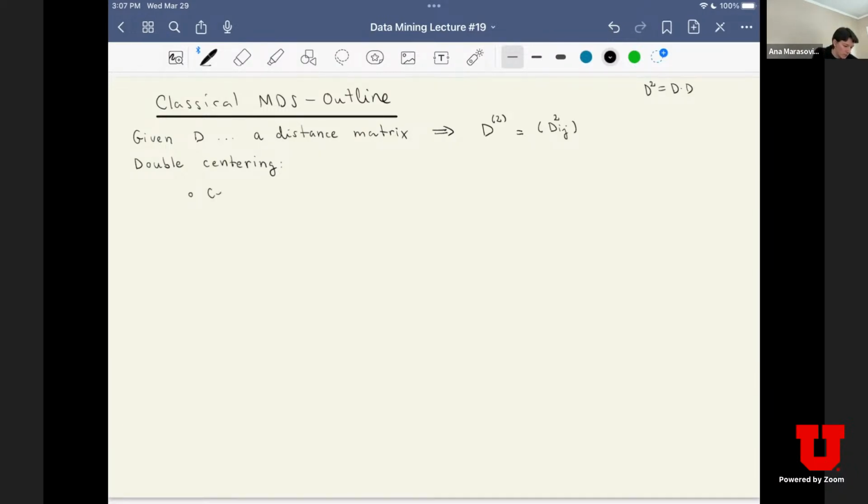Centering once, if you remember, means that we take the mean of each column of the data matrix. For every column j, we calculate the mean of this column, and we denote the mean as D bar j. That's going to be 1 over n, because matrix D is of size n times n, and n is the number of points.